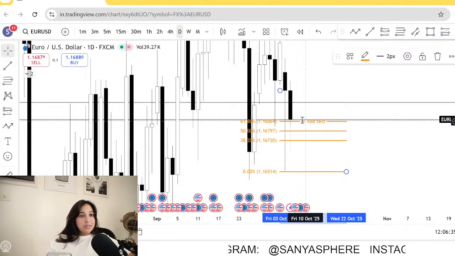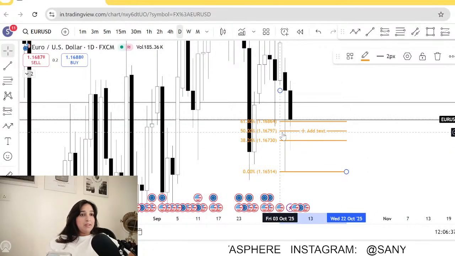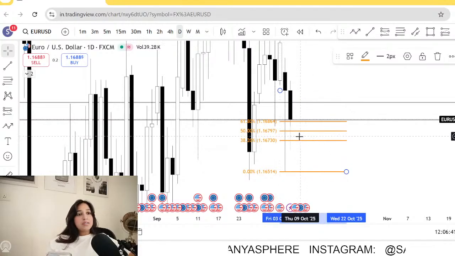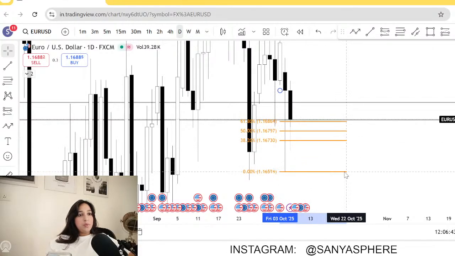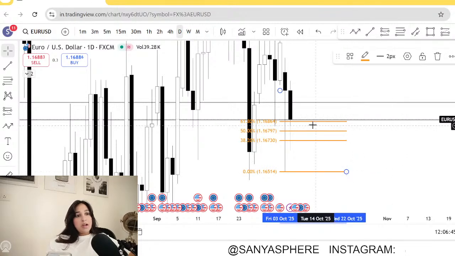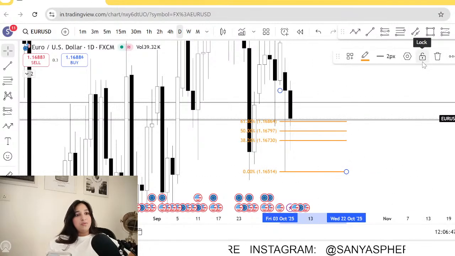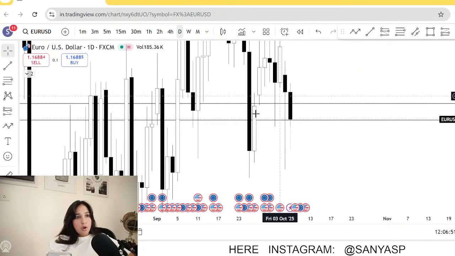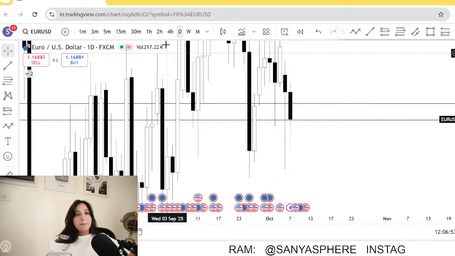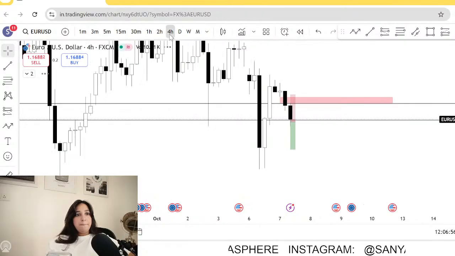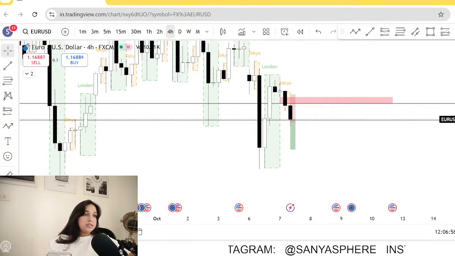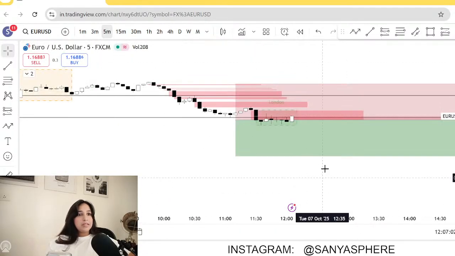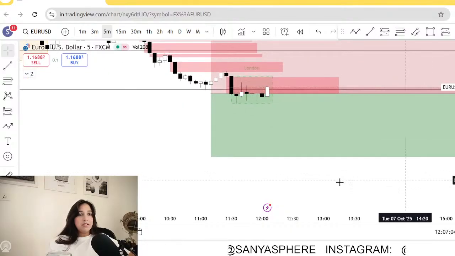It could be possible that from the 50% level of this wick, there could be a reversal because there would be a half wick fill. And if it breaks down, then we can see a further move down because it already filled almost half the wick. So if it reverses from here, then we can see an upward movement. But if not, then let's see. Might be an SL today.